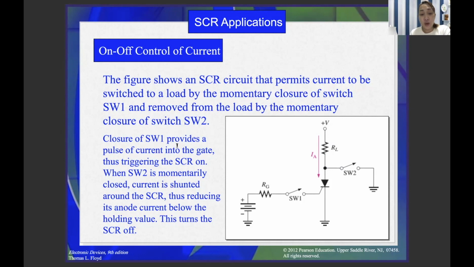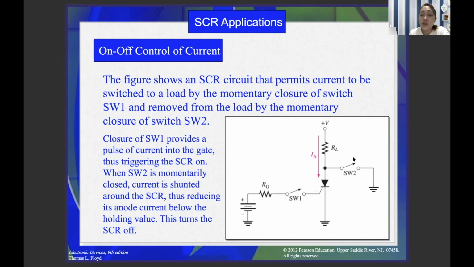Closure of switch 1 provides a pulse of current into the gate, thus triggering the SCR on. When switch 2 is momentarily closed, the current is shunted around the SCR, thus reducing the anode current below the holding current. This turns off the SCR.